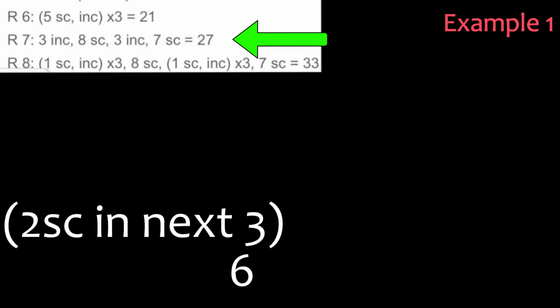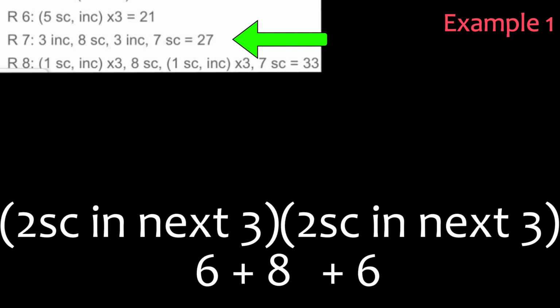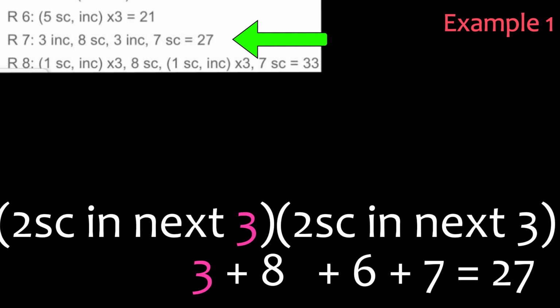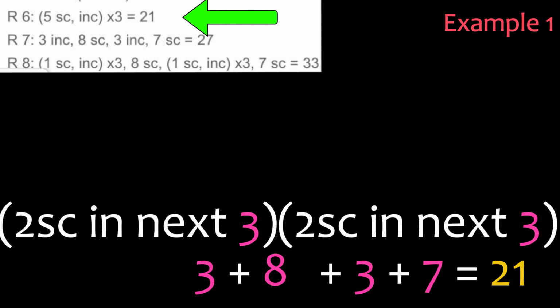So 2 single crochets in the next 3, 6, plus 8 single crochets, plus 2 single crochets in the next 3, which is 6, plus 7 single crochets makes 27. You can also double check that they are using all the allotted stitches by checking the 3 plus 8 plus 3 plus 7, and that gives us 21, which we had in row 6.